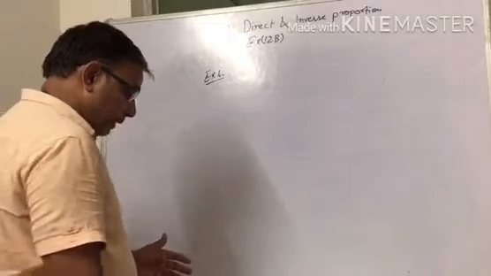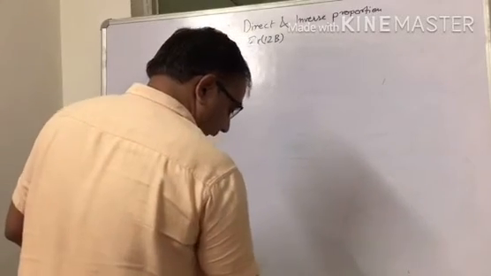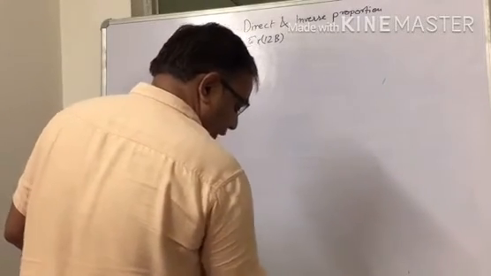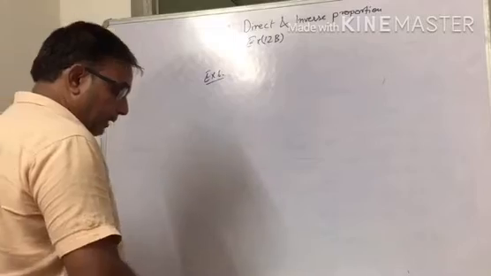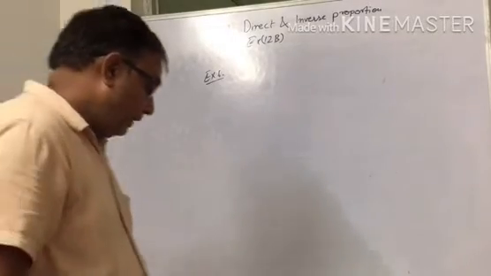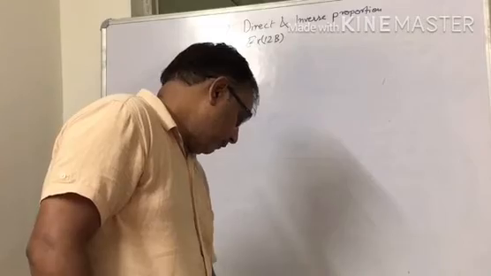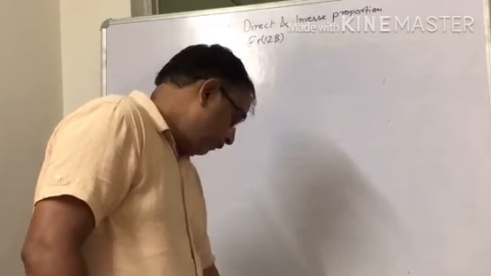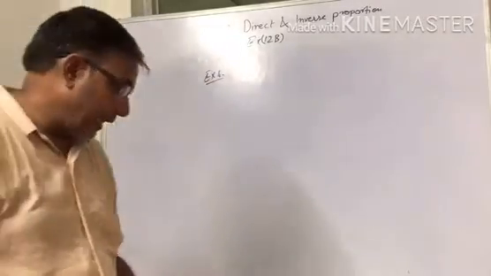See, in example number 6, in a fort, 300 men had provision for 90 days. Means there are 300 men and the provision for food is for 90 days.